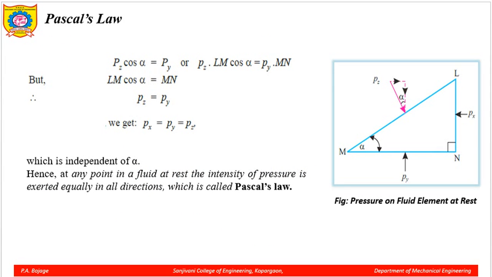So, you can see here Pz cos of alpha is equal to Py, or pz Lm cos of alpha is equal to py into Mn, because Py is equal to py Mn, whereas Pz cos of alpha, because Pz is pz Lm, that is the only thing we have substituted here.